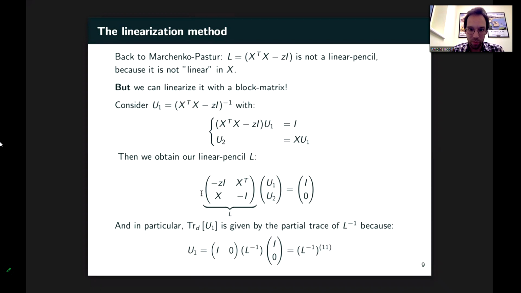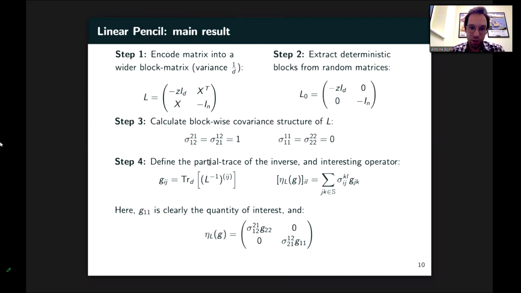Okay, so now we have a linear pencil, and I'll show you how to get back to the Marchenko-Pastur expression. What we just did here is to encode the matrix that we're interested in into a wider block matrix. So this is the L that we have seen earlier. And then what I will do is to extract from this linear pencil the random components.